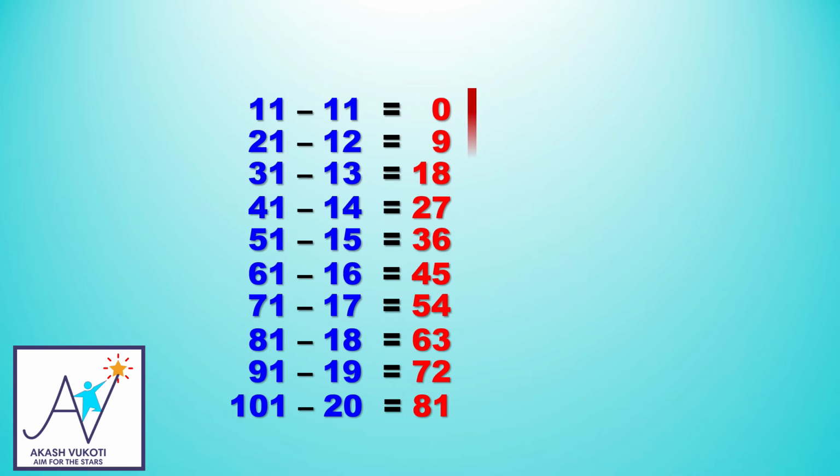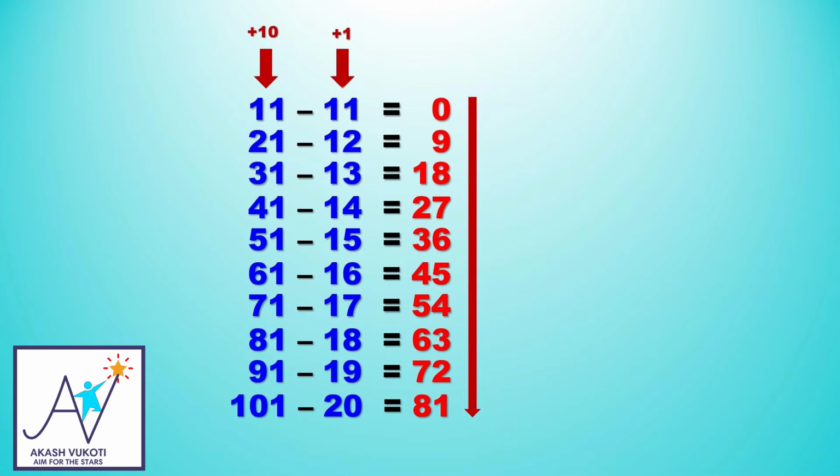And we can understand why when we actually look at the details. Take a look at the first number in this equation on each side. The first numbers are being added by 10 every single time. 11, 21, 31, 41, 51, and so on. However, the second number in this subtraction is only being added by 1. 11, 12, 13, 14, 15, and so on.